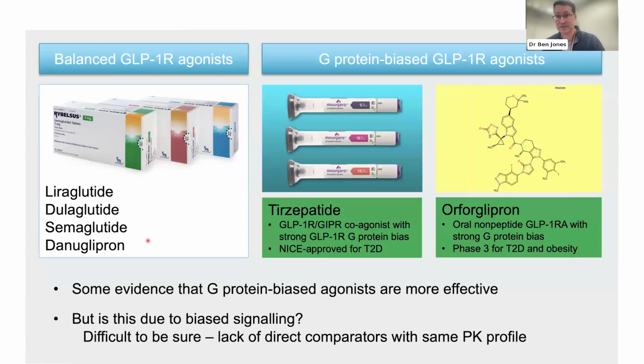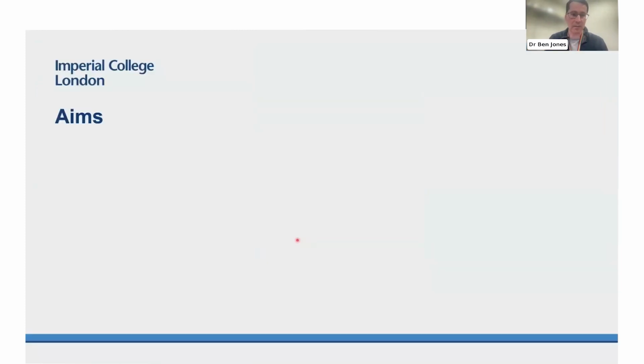Or it could be the bias, which would be sort of interesting for me. And the problem is, because these molecules have all got different stabilities, different pharmacokinetic profiles, different dosing regimens, you can't directly compare them on the basis of the available clinical data, at least if you want to infer mechanisms.